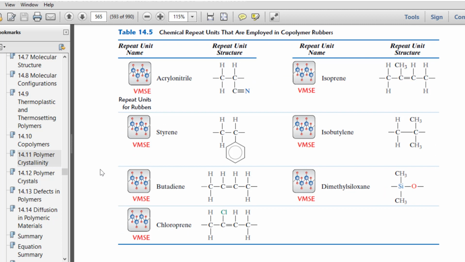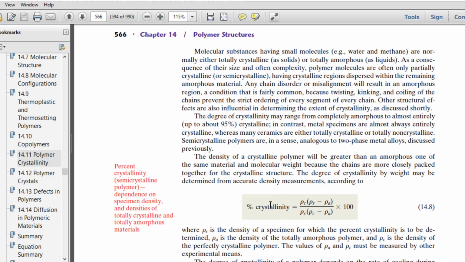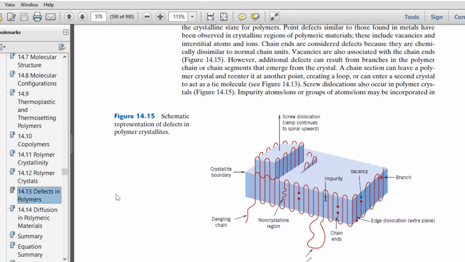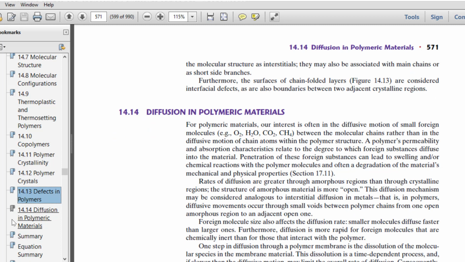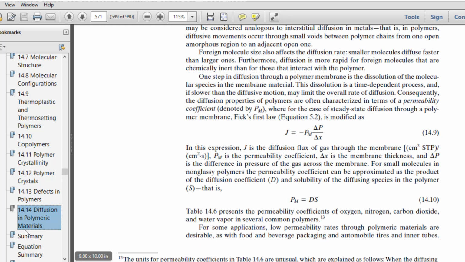This is very important. Many questions are on this percentage crystallinity formula, okay. Then polymer crystals, you read this one. Defects in polymer also you read, like diffusion in polymers and these things you can skip, okay.